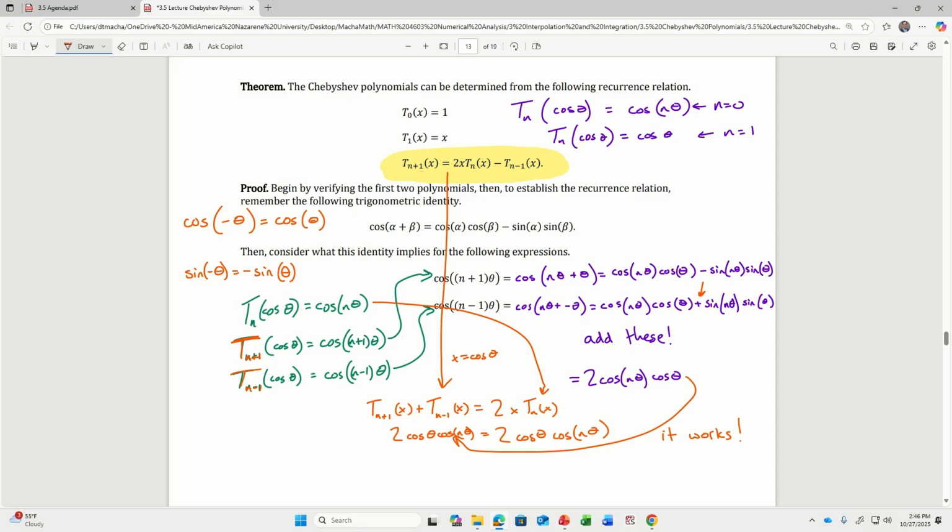Because it depends, right? So this is a tricky thing to come across. But once you discover this recurrence relation, this is an easy way to calculate the Chebyshev polynomials versus starting from Euler's formula every time. You end up doing a lot less work if you just know this recurrence relation.